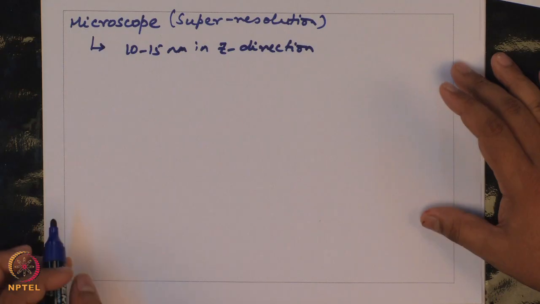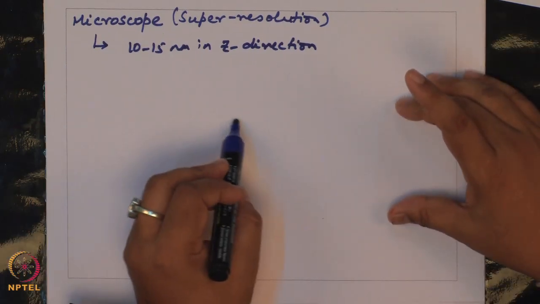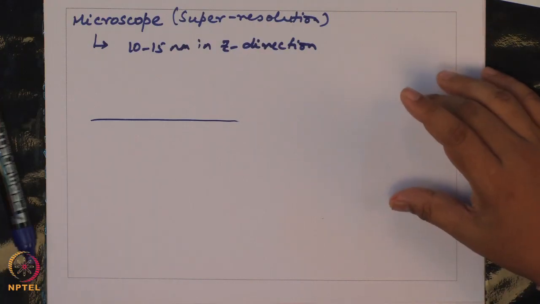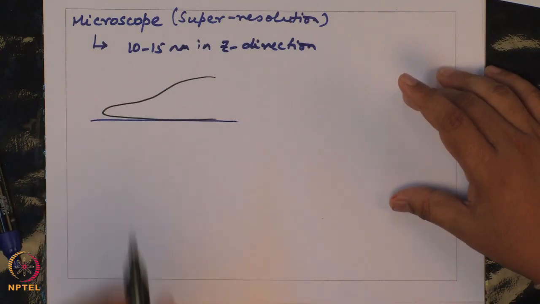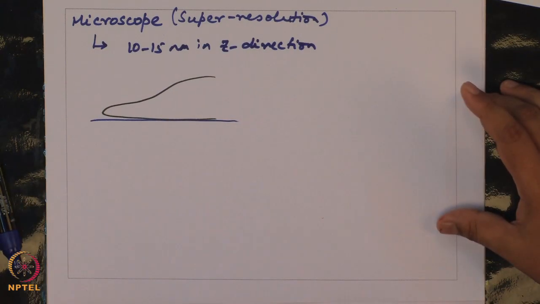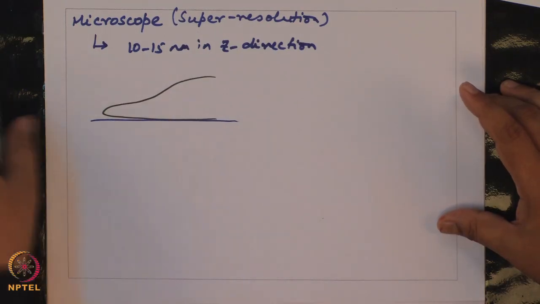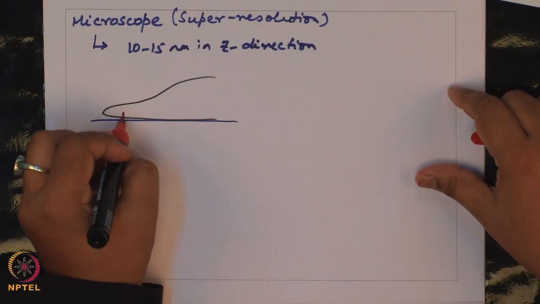When you take a cell, this is a substrate and this is your cell, and let me draw the integrins.